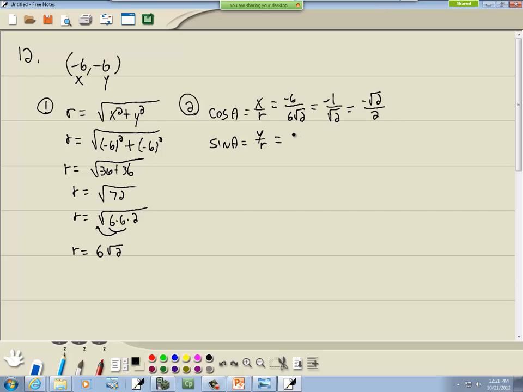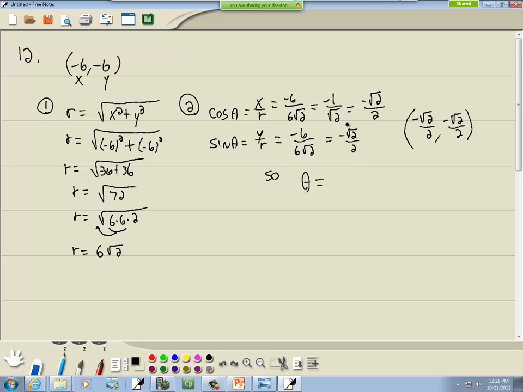Now for the sine. Same thing. We'll put the y value, which is -6, over r. And you notice it's the same as this one up above it. So this is also going to give us negative square root of 2 over 2. So on our unit circle, we're looking for negative square root of 2 over 2 and negative square root of 2 over 2. That is on our unit circle. It's down in quadrant 3.